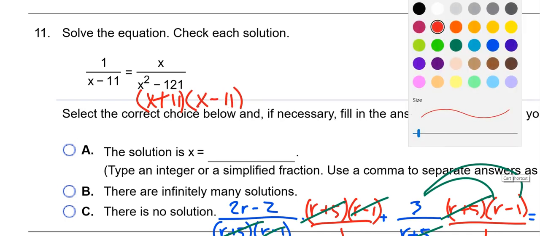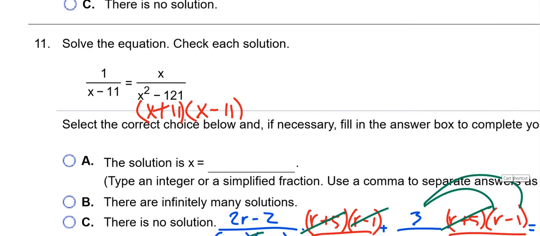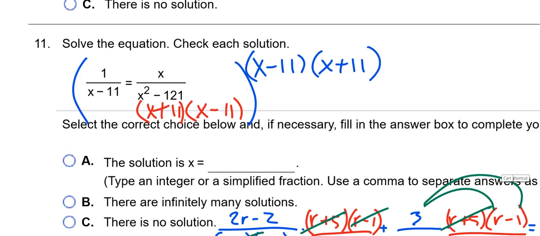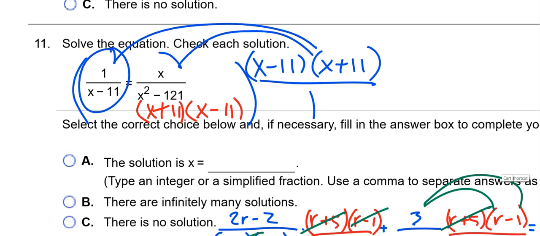What is the common denominator that you're going to multiply everything by? x minus 11 and x plus 11. So multiply this times the first fraction and this times the second fraction. See what you get.